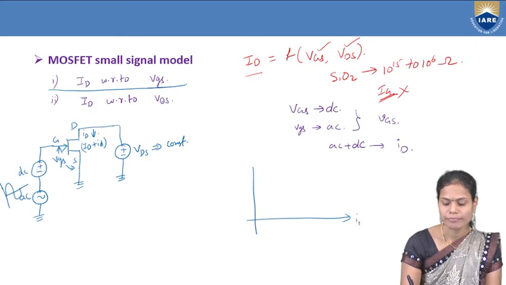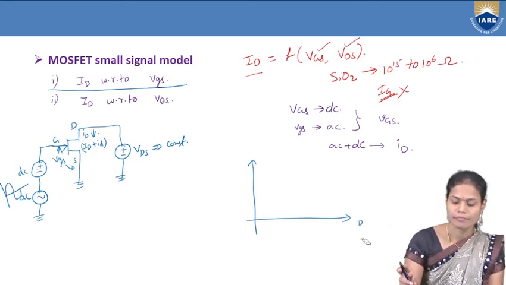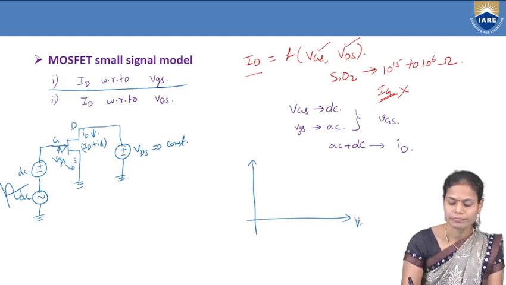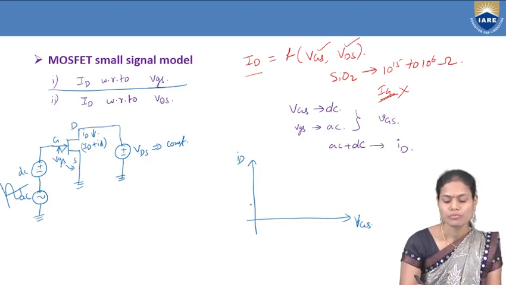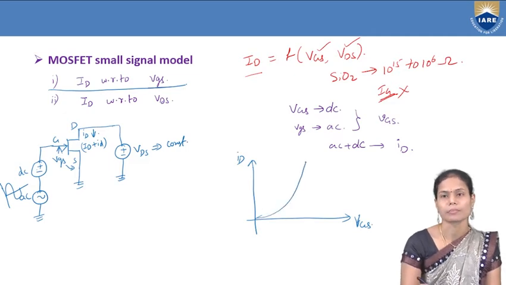Here I am indicating VGS versus ID signals. So we will get the curve in this.